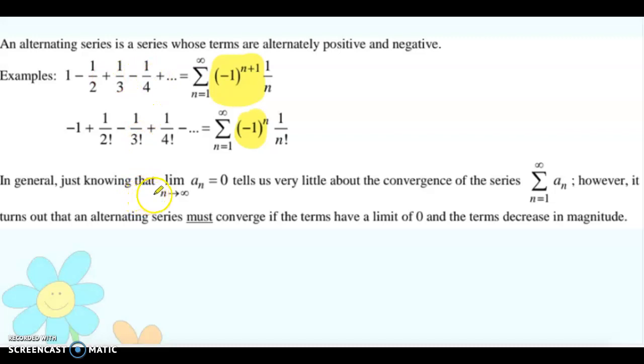So when we're taking a look at the limit as n goes to infinity of a sub n, and of course this is our a sub n, if it equals 0, it tells us very little about the convergence of the series. If it turns out to be an alternating series, then it must converge if the terms have a limit of 0 and are decreasing in magnitude.